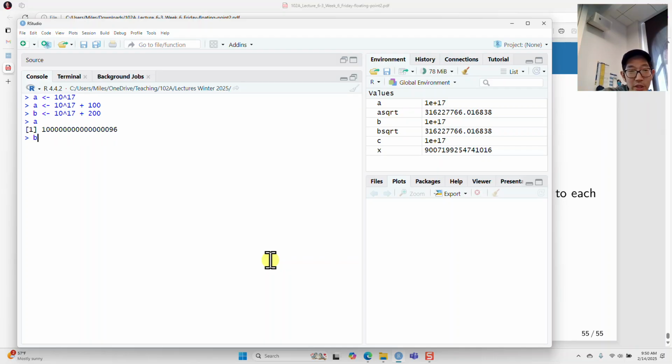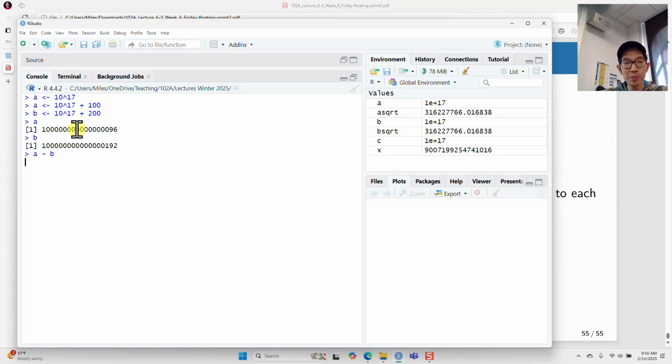Okay, here's A, here's B, okay? And now, what's the relative difference from what the actual value should be? This is off by 4, compared to 10 to the 17. It's like 0.00000 whatever off. It's off by only a tiny percentage, right?